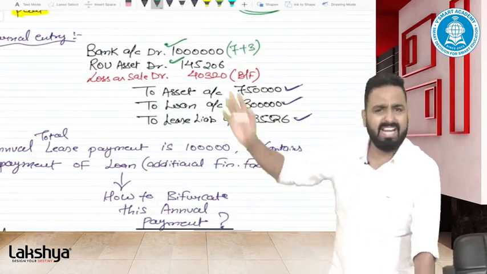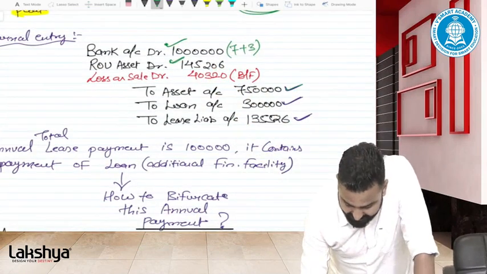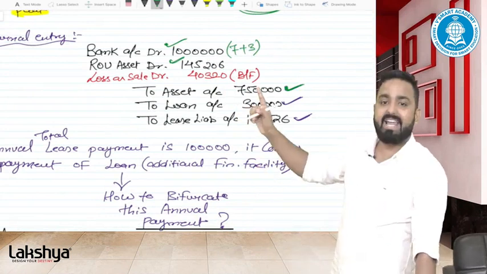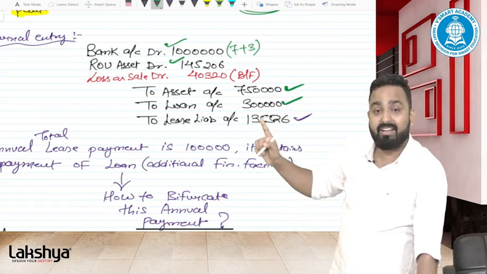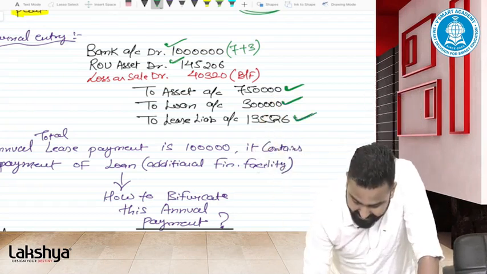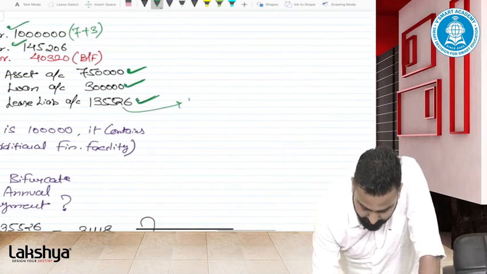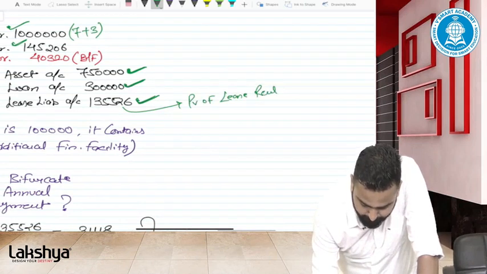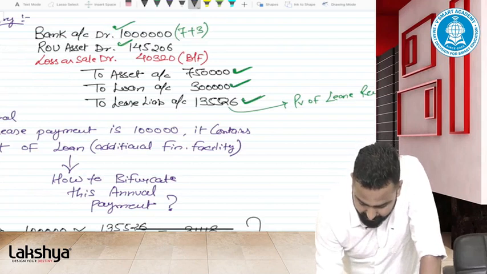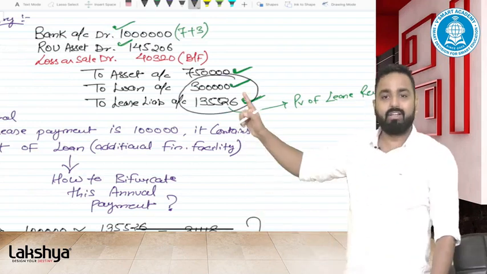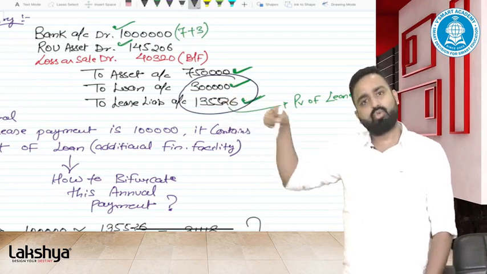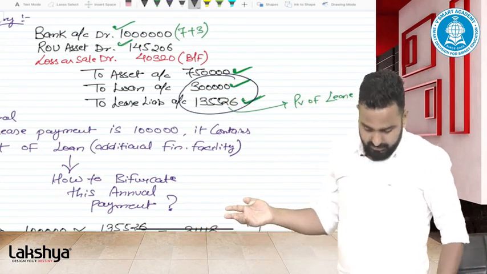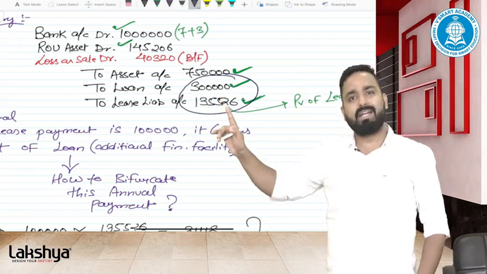Okay. Forget about the loss. The asset is de-recognized at carrying amount of 750. The loan is recognized at 3 lakh and the lease liability is recognized, which is actually the present value of lease rent. Even you can say this total could be combined: 3 plus 135, total 435.